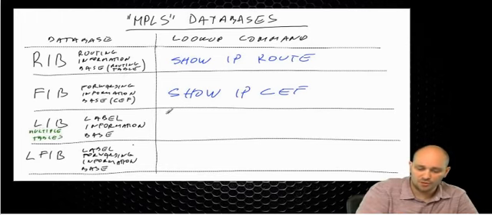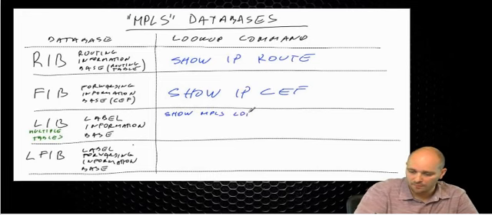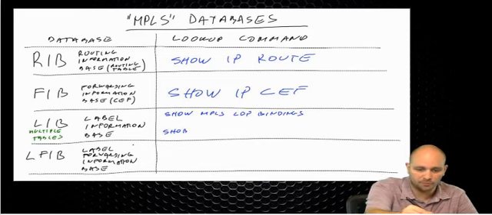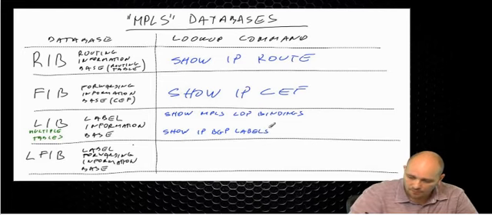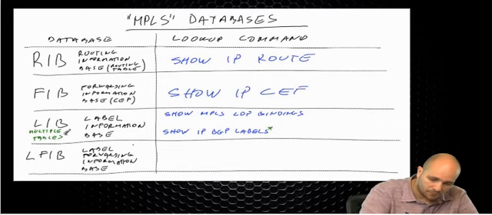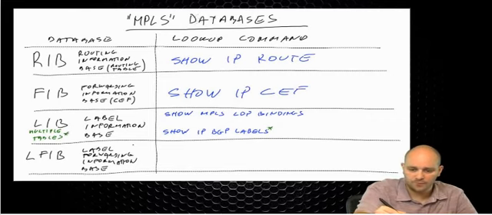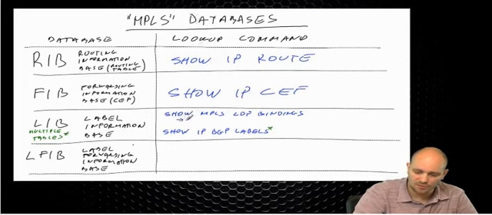So one of the commands you can use is show mpls ldp bindings, or you can use, for example, show ip bgp labels. And this is if you are using BGP for routes. But show mpls ldp bindings is the one that you will most likely use. This is if you are using LDP or TDP in your network.